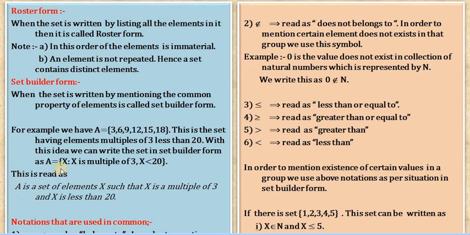See, A is a set of elements x. So here bracket and x equal as set of all x, and double dot is read as such that. Okay, so set of all x such that x is a multiple of 3 and x less than 20. So in that way we read the set builder form.